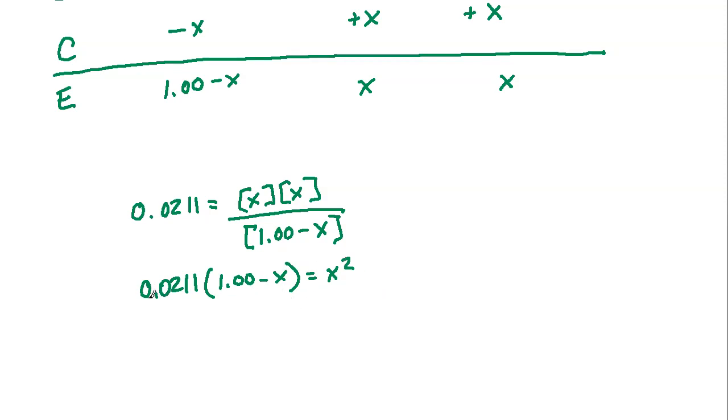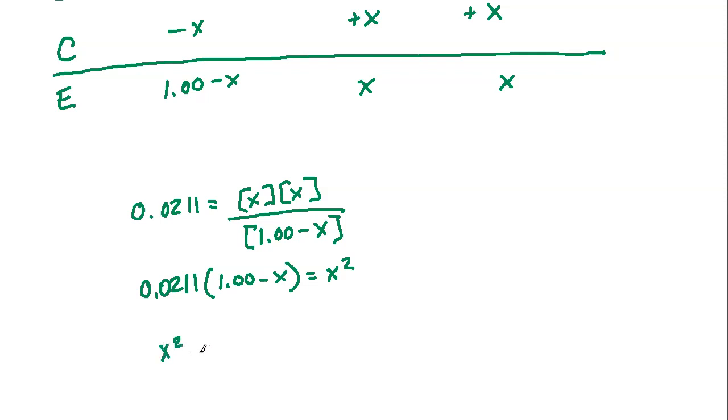So for instance, the 0.0211 times negative x, that's going to be minus 0.0211x on this side. So it would become plus 0.0211x when we move it over here. All right, so take a moment, see if you can algebraically rearrange this equation. I'll write it out down here.